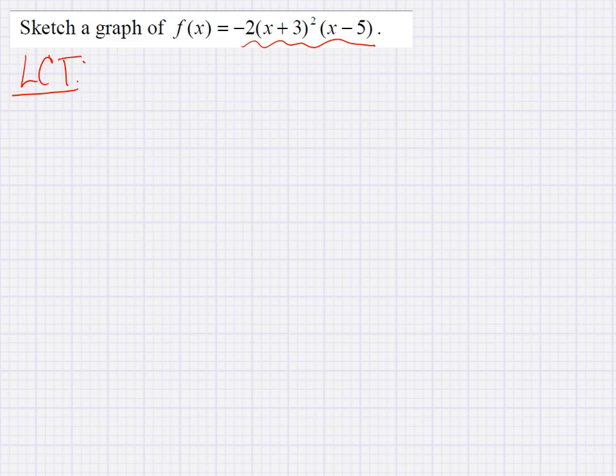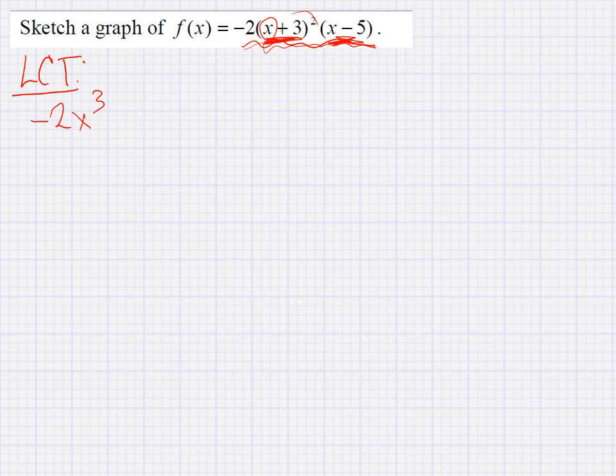So you would have to think of, if I were to multiply all this out, what would the highest power and leading coefficient be? Oftentimes it's pretty easy to do, because if you multiply this one out, you would have an x squared as your biggest. This one multiplied into that gives you an x cubed, and then the coefficient would be out in front, so my leading coefficient would be negative 2x cubed.